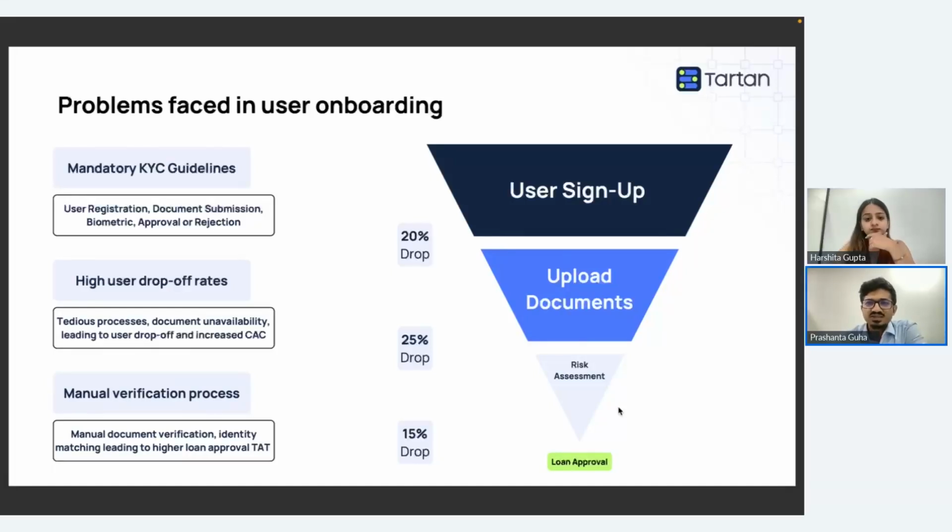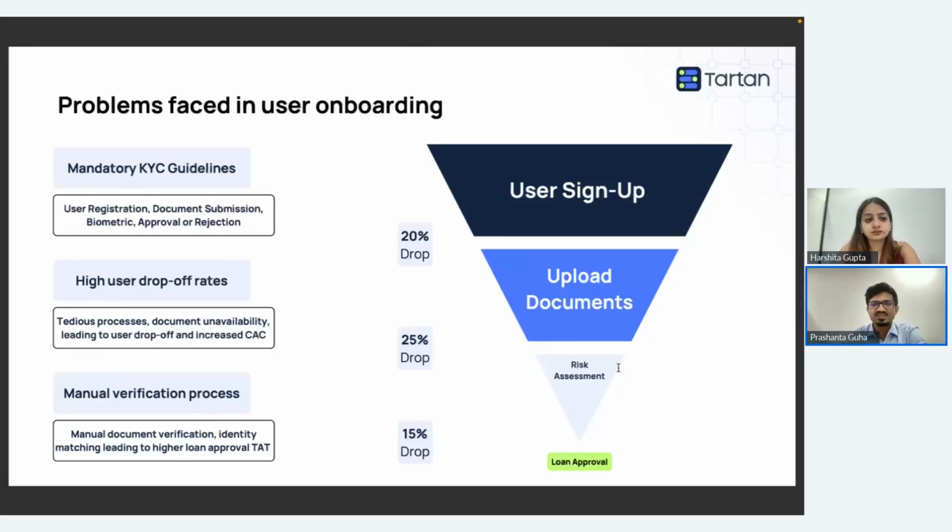So people will start dropping off at that point itself. You generally spend a lot of advertising dollars to bring in users with the right intent, but you'd see a lot of them dropping off due to a few of these user experience problems. So how can you mitigate those? That's what we will talk about today.